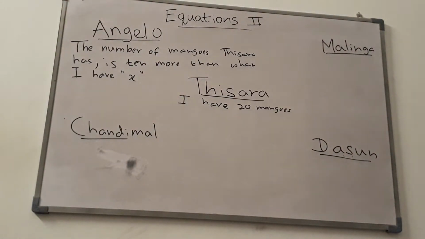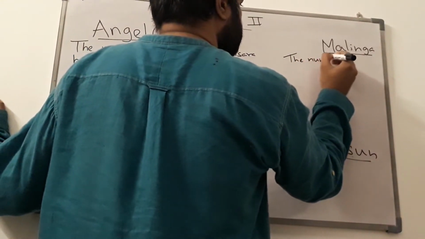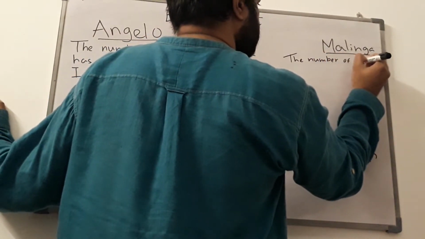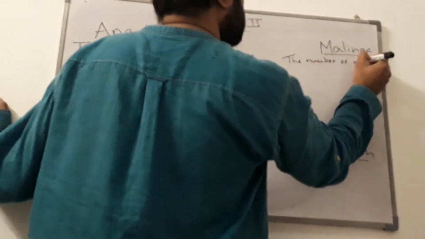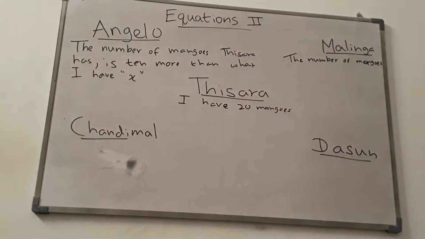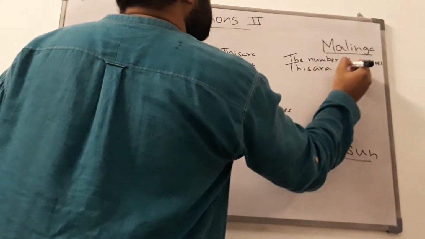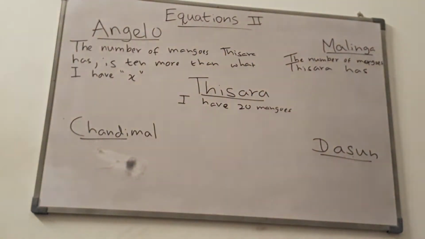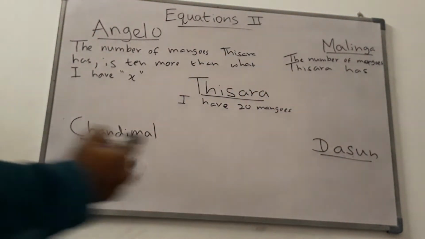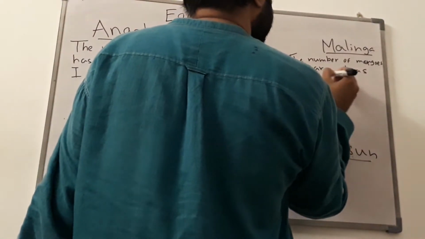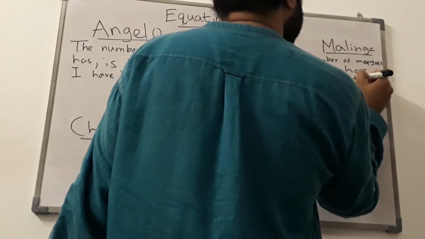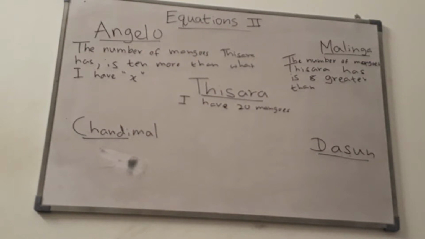Then Malinga says, the number of mangoes Tissara has is 8 greater than thrice of mine.